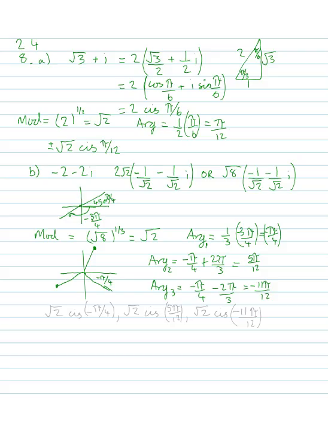And so your three roots then become, because they all have the same modulus, root 2 cis minus pi on 4, which was the original one we found, root 2 cis 5 pi on 12 for the second one, and for the third one, root 2 cis minus 11 pi on 12. And that should be it.